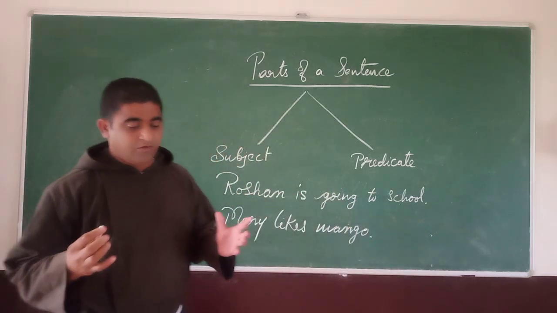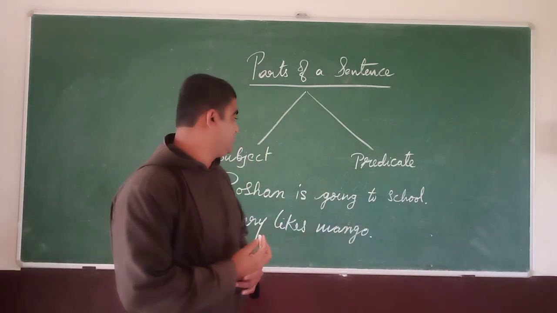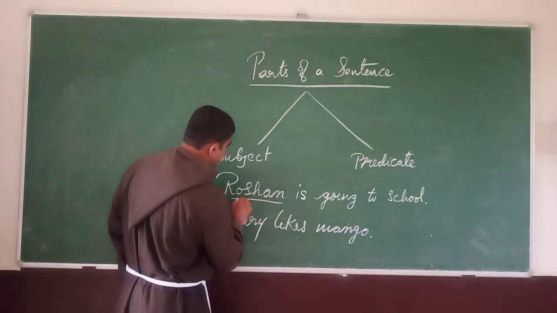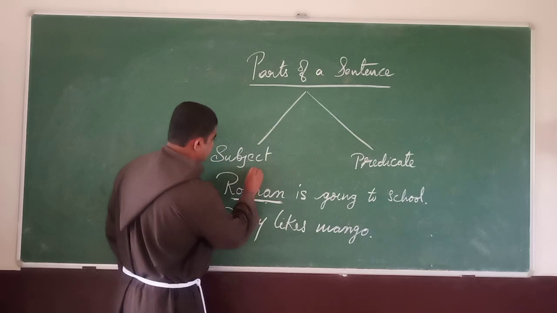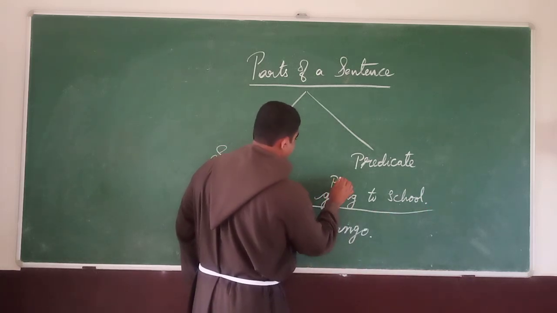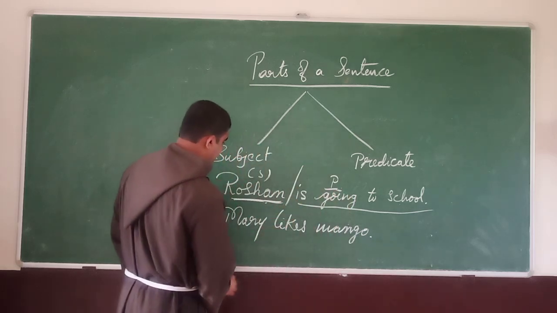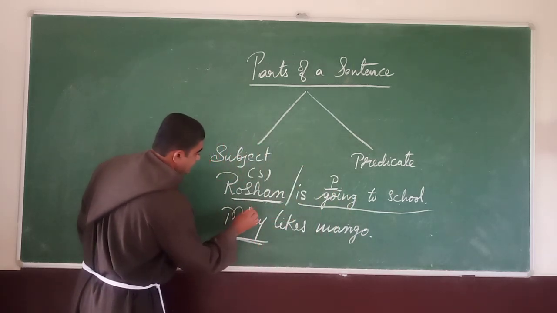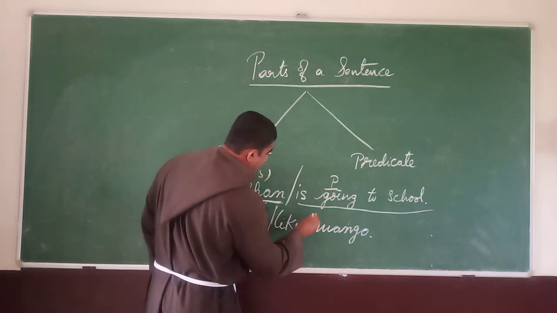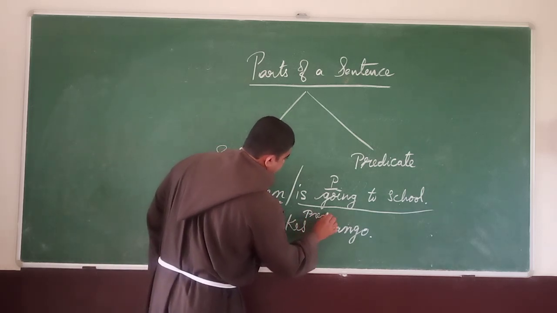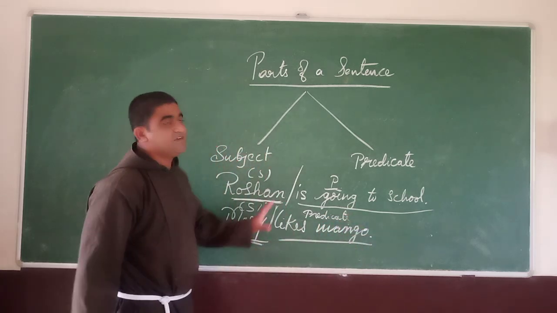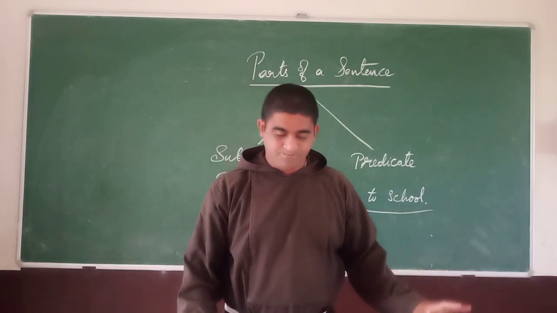So there are two parts here, subject and predicate. So this is a subject and the remaining part is the predicate. Or here, Mary is the subject and the remaining part is the predicate. So it consists of two parts.